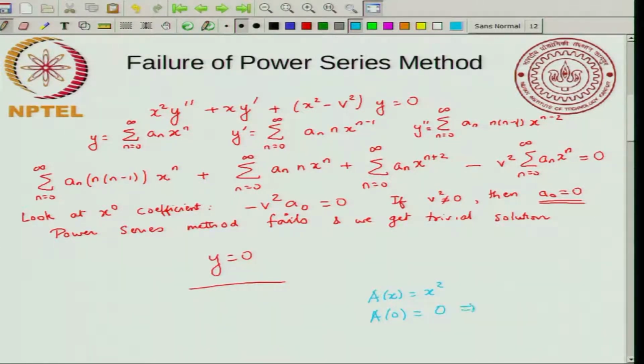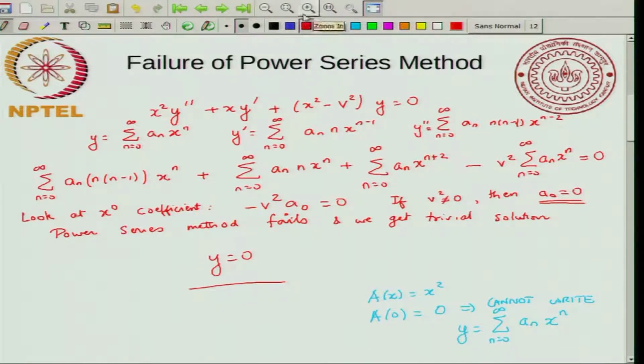This implies you cannot write y equal to a power series around x equal to 0, sum over n equal to 0 to infinity a n, x minus 0 which is just x, raised to n. So this was the reason why the power series method failed in this case, because x equal to 0 was a singular point.